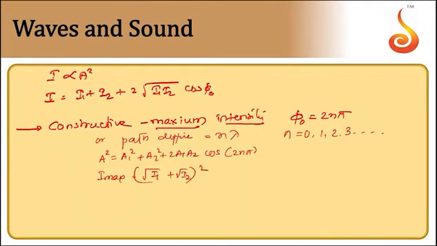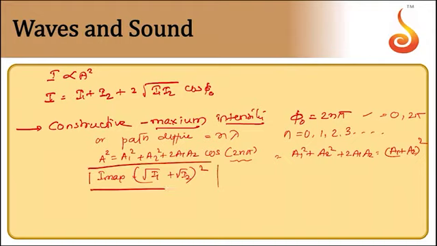So we notice that this becomes 0, 2 pi, etc., and this eventually becomes a1 square plus a2 square plus 2a1 a2, which is nothing but a1 plus a2 whole square. Thus, the maximum intensity of interfering waves is given by this equation.